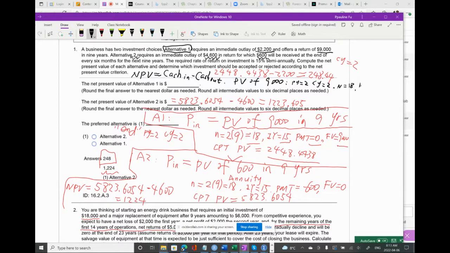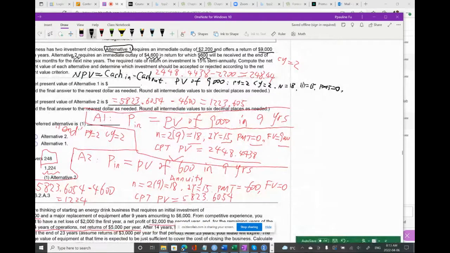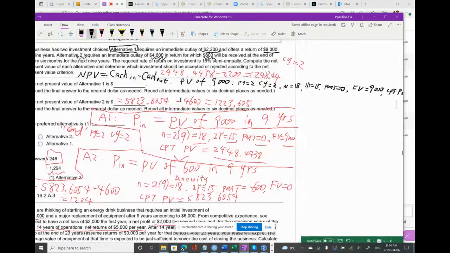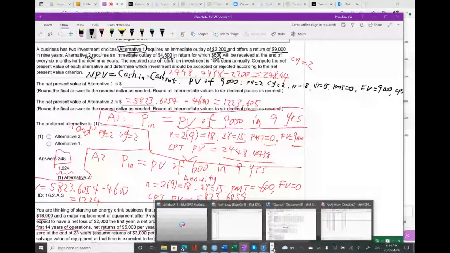Interest IY is 15. PMT is 0. And then future value FV is 9,000. Compute PV, present value. So that is the procedure for the present value of this 9,000. Let's use the calculator.